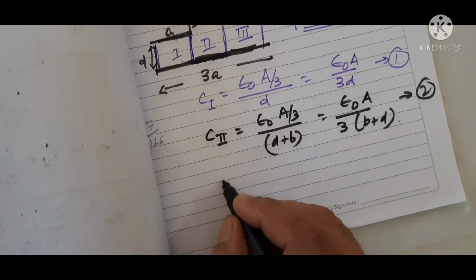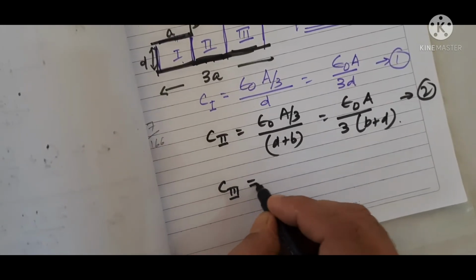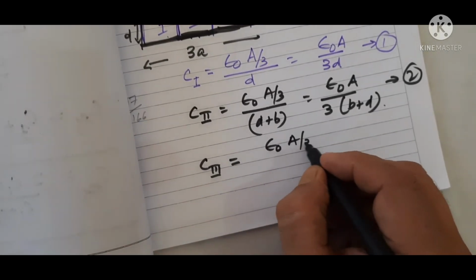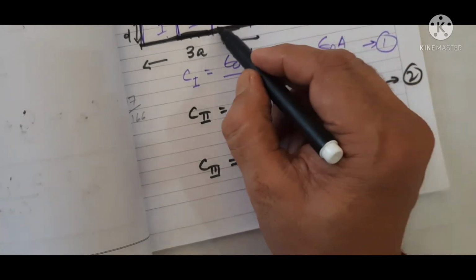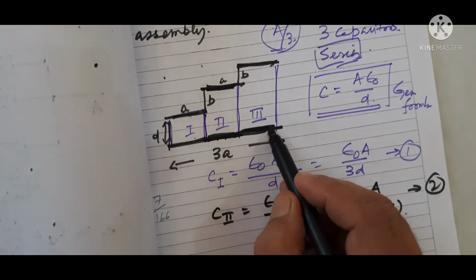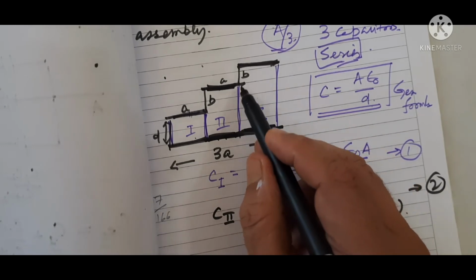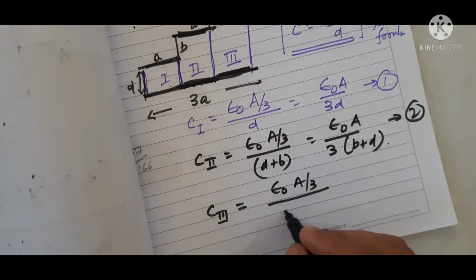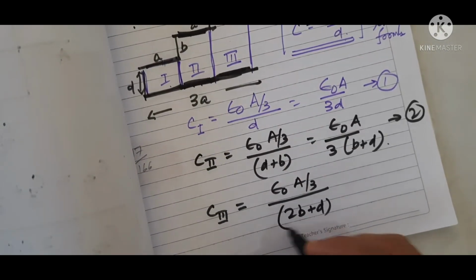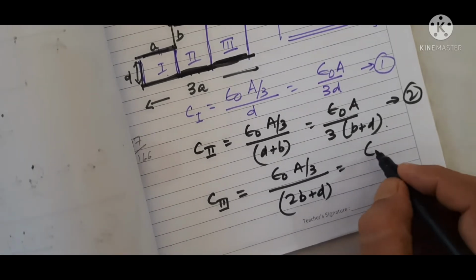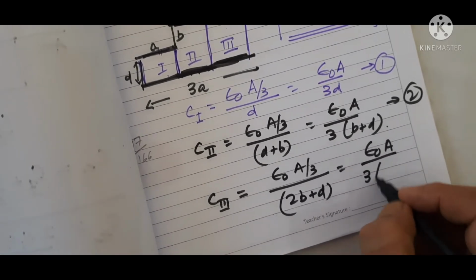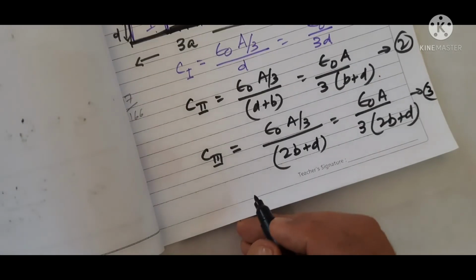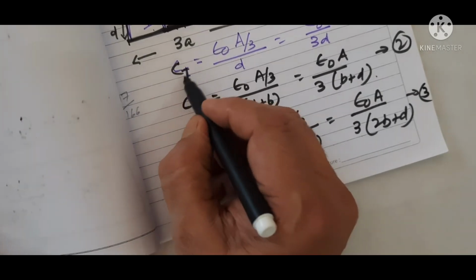Second one. And for the third one, we only have to see the distance: epsilon naught A by 3 by the separation between this plate and this plate for the third one, that is twice B plus D. That is epsilon naught A by 3 times twice B plus D. This is for C1.